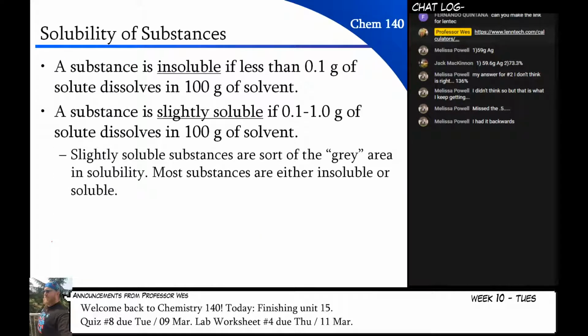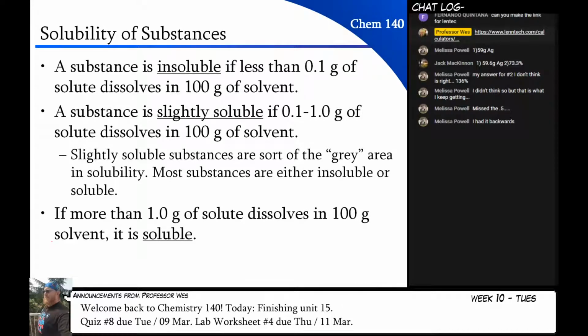All right. Your text uses these thresholds. I think that they're stupid. I really don't care about slightly soluble. Generally speaking, we're going to just categorize something as insoluble if very little of it dissolves, and soluble if lots of it dissolves. And it should be pretty obvious which category is which. If you pour something into your solution and you stir it around and it doesn't dissolve within 5 minutes appreciably, it's insoluble.